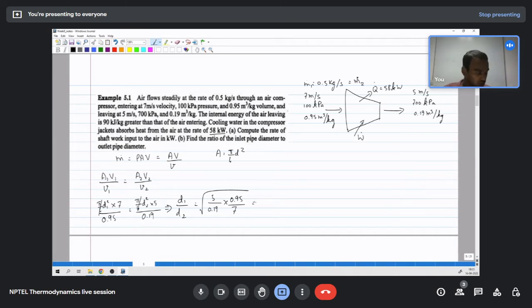So this is 1.89. The ratio of the diameters is known now.